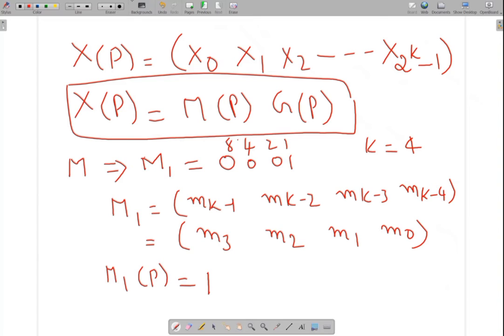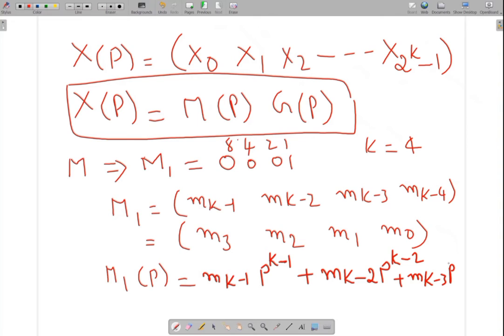The polynomial form here is m k minus 1 p power k minus 1 plus m k minus 2 p power k minus 2 plus m k minus 3 p power k minus 3 plus m k minus 4 p power k minus 4.